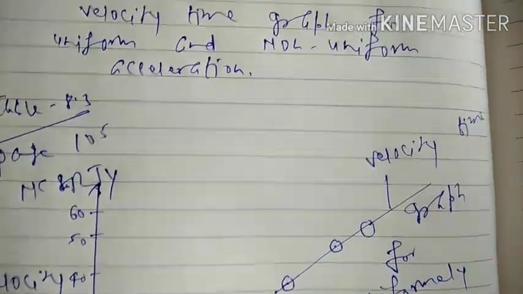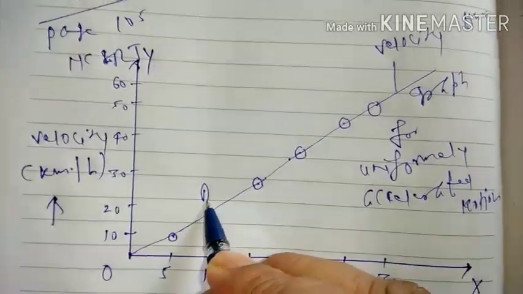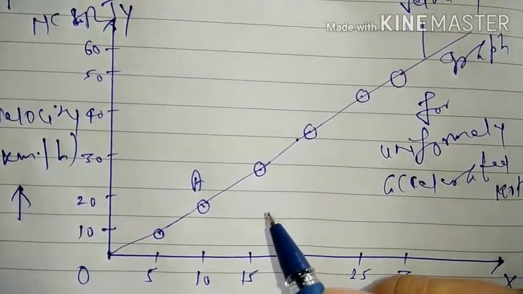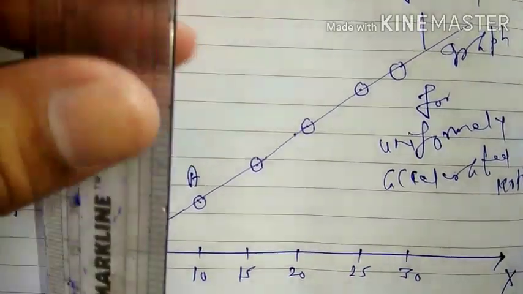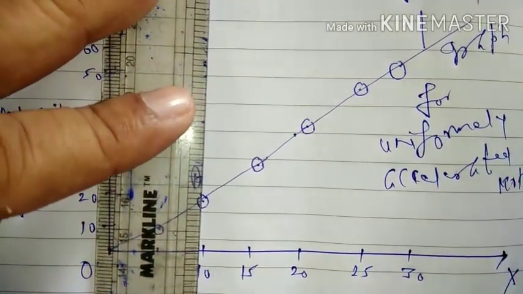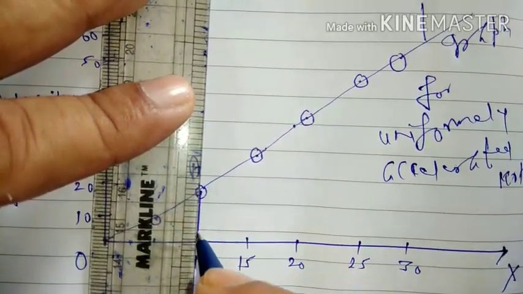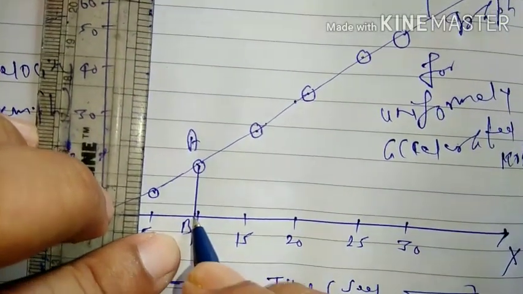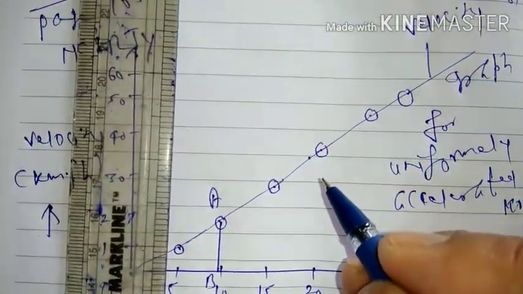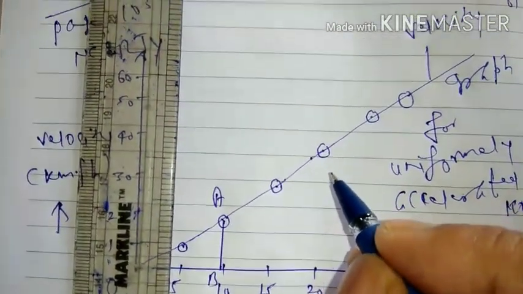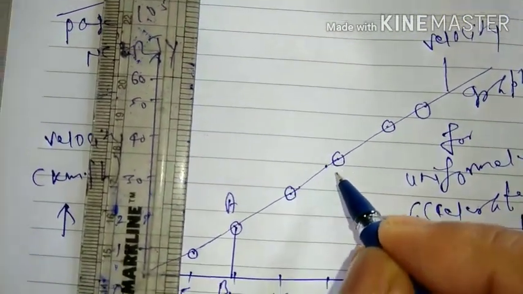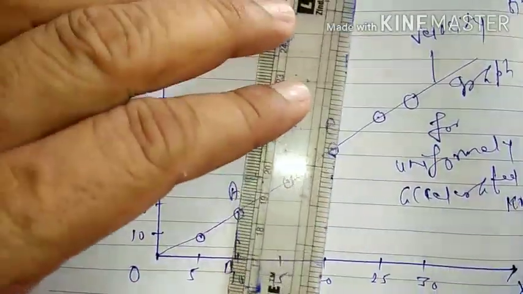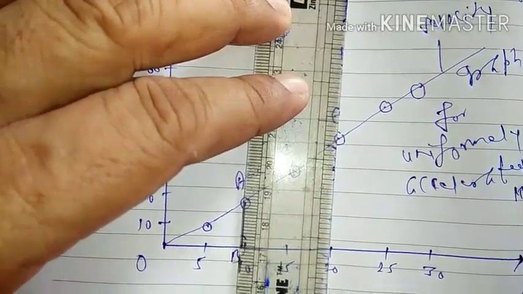This is our point A, and this is our another point E. If we draw a perpendicular from A to x-axis, suppose it meets at point B. Again, from point E, we draw a perpendicular to x-axis.